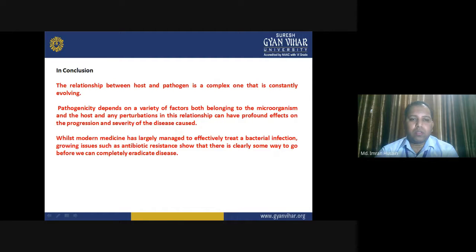While modern medicine has managed to effectively treat bacterial infection, growing issues such as antibiotic resistance show that there is clearly some way to go before we can completely eradicate the disease.